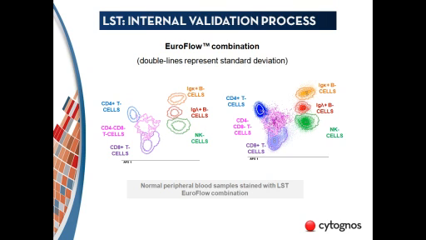At the beginning I said that the EuroFlow antibodies were validated. Well, how is this validation done? To do the validation of our LST combination, we have an internal and an external validation process where we put together several normal samples.